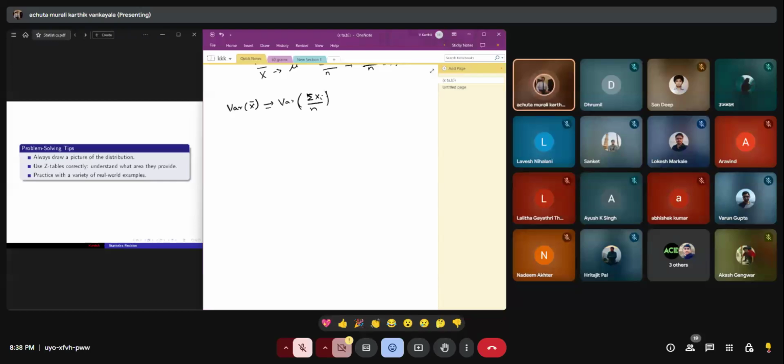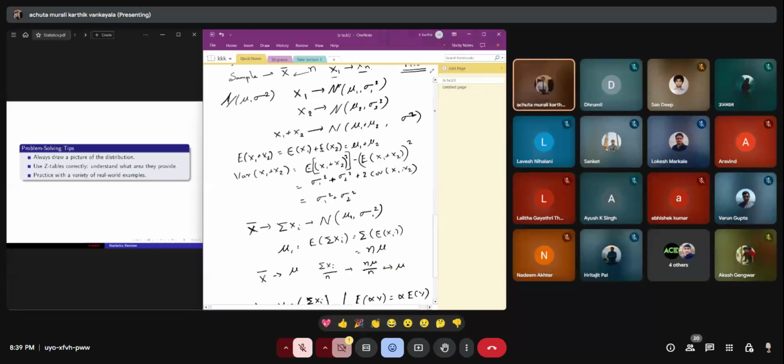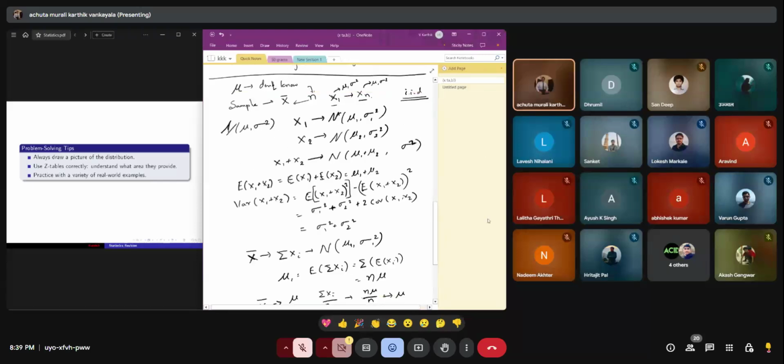Now, what happens to variance when you multiply by a scalar? The scalar comes out as a square. That is because, suppose you take the expected value of some scalar alpha times some random variable y. This would be alpha times the expected value of y. Now what would be the expected value of alpha y whole square? That would be alpha square times the expected value of y square.